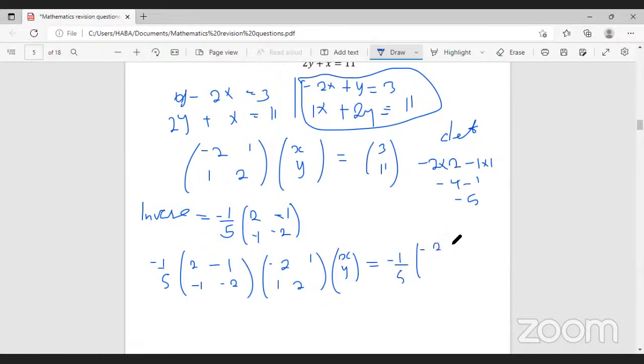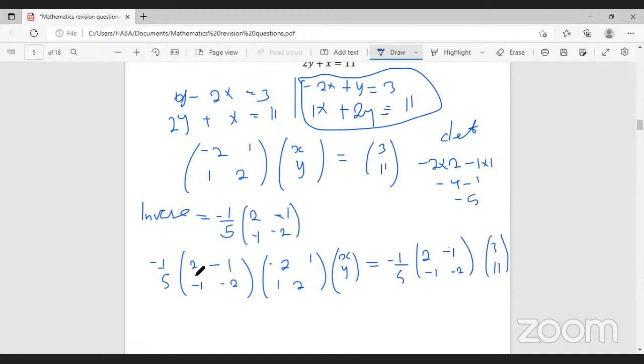I think I have made a mistake here. It is 2, negative 1, negative 1, negative 2, then times 3, 11.